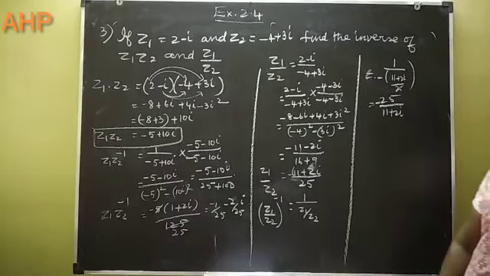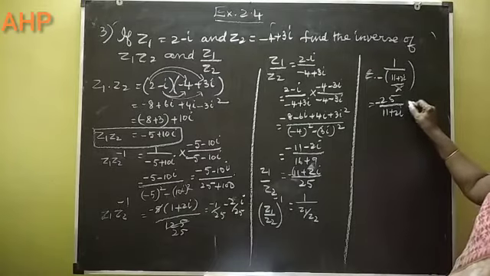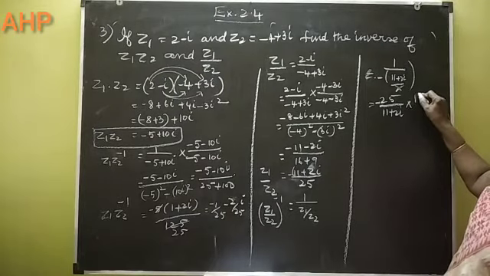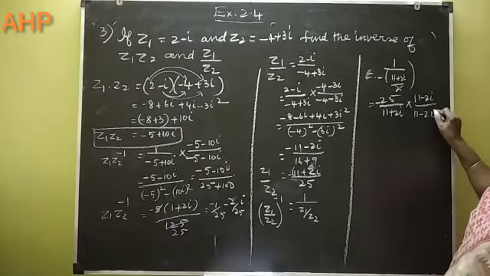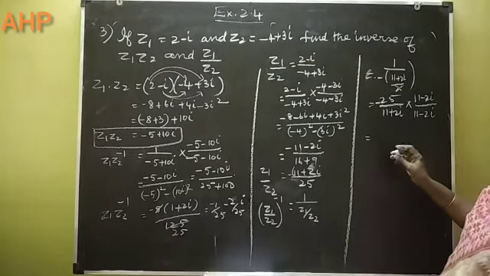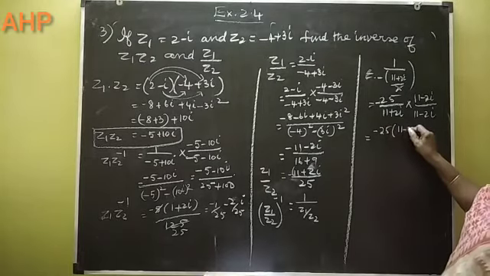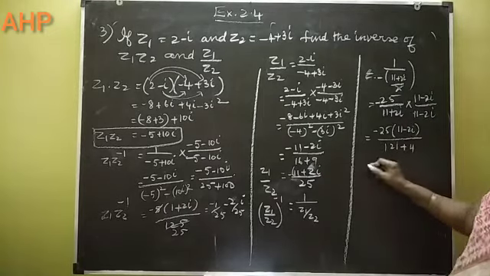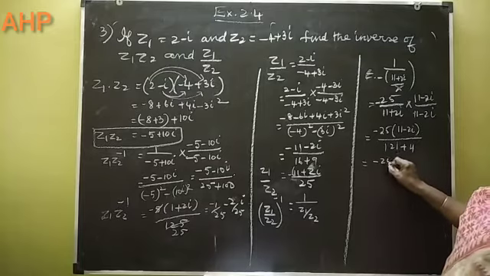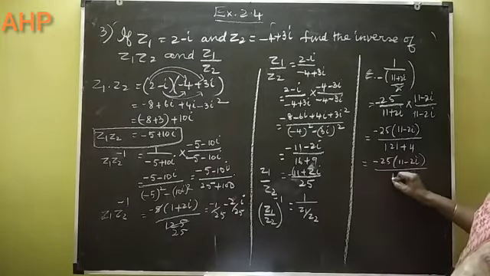Once again multiplying by its conjugate to rationalize the denominator. This is equal to into 11 minus 2i divided by 11 minus 2i. So this is equal to minus 25 into 11 minus 2i divided by 121 plus 4. So this is minus 25 into 11 minus 2i divided by 125.